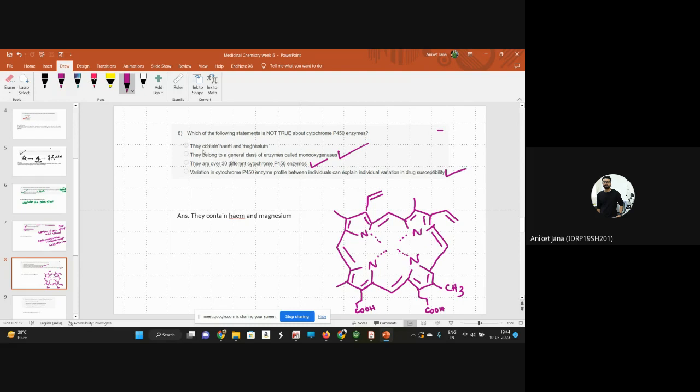Then what is wrong here? They contain heme and magnesium. So what is the correct statement? Heme and iron. Here in the center, Fe2+ is there, not magnesium. The Fe2+ ion is coordinated with the 4 pyrrole nitrogen atoms in the center and stabilizes the structure.